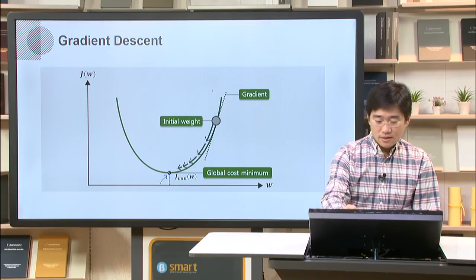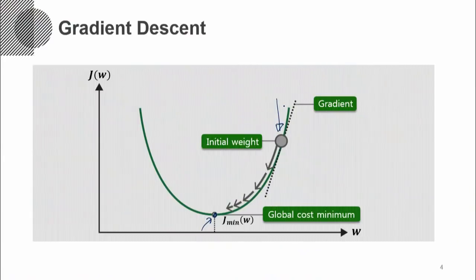So starting from some random position, if our function shape looks like this, and then we consider or compute the gradient at this point, which represents the slope of this line, and then we actually move a little bit towards the direction that decreases this function value. And if we go through this process iteratively, then we will reach this minimum point.